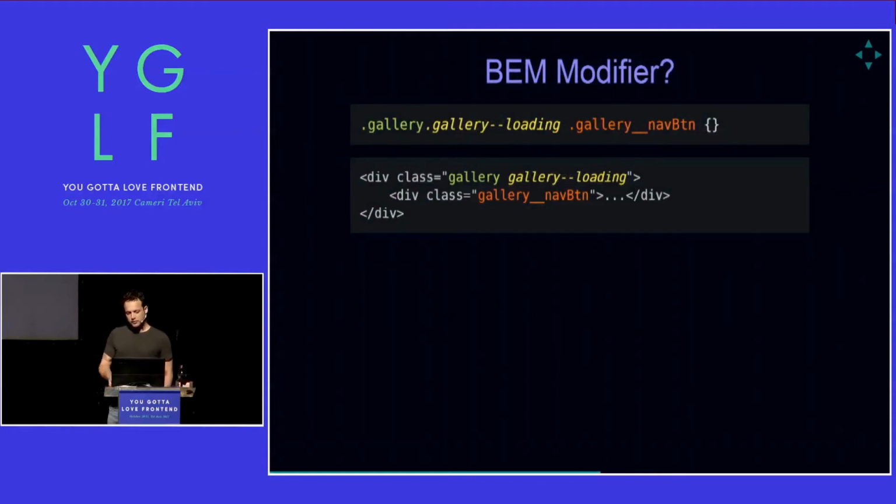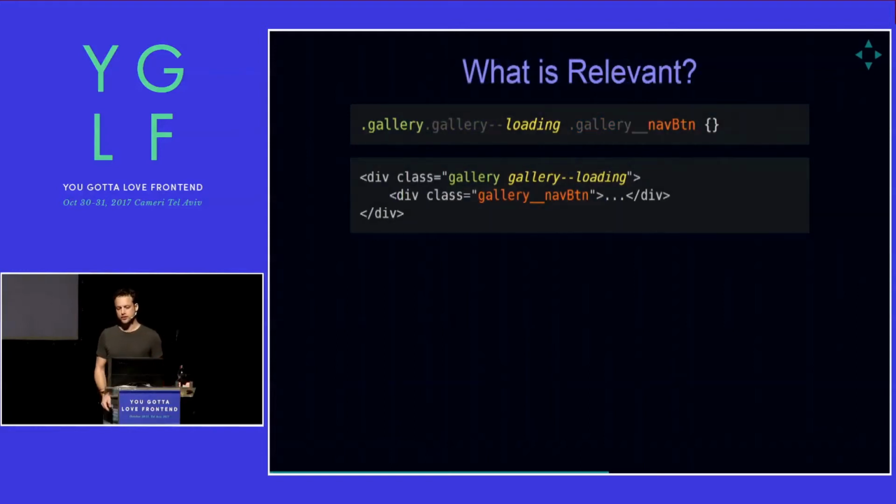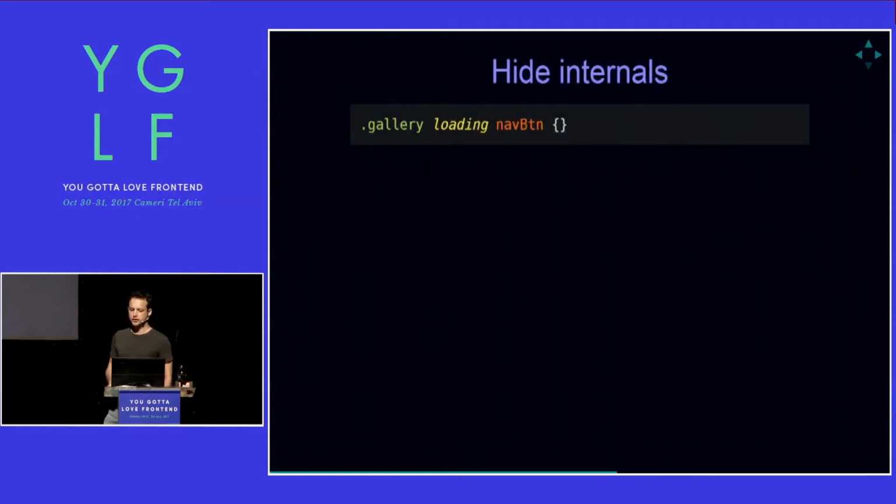And like with our example before, we have implementation detail in our selector. And we only cared that when the gallery is loading, the nav button inner element is targeted. And when removing those implementation details, we are left with missing information.